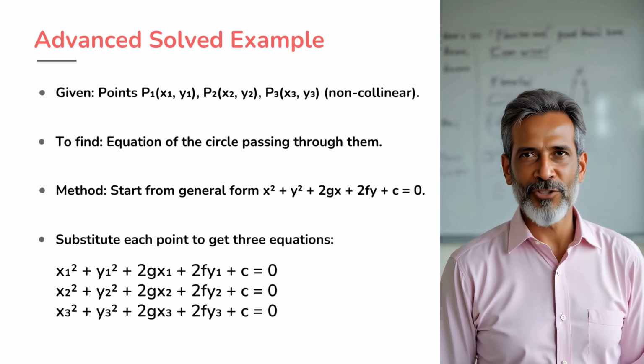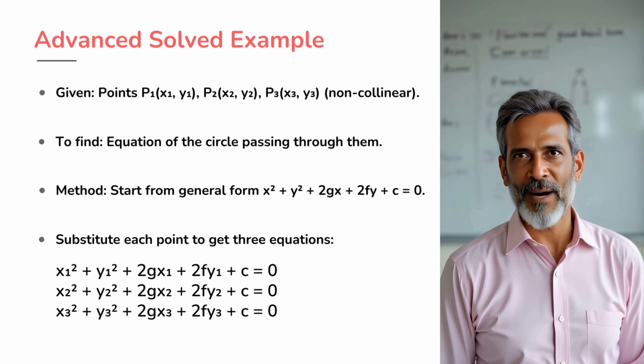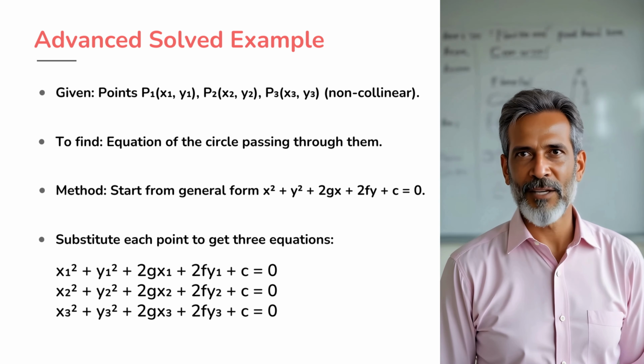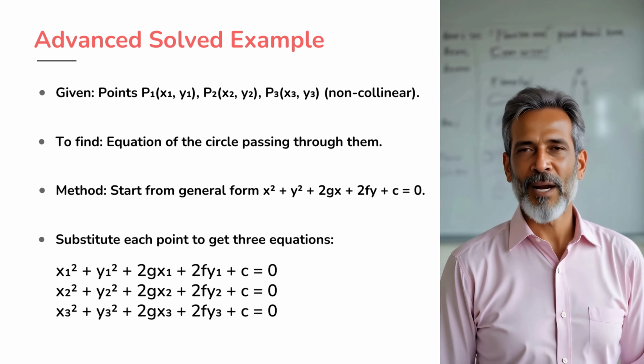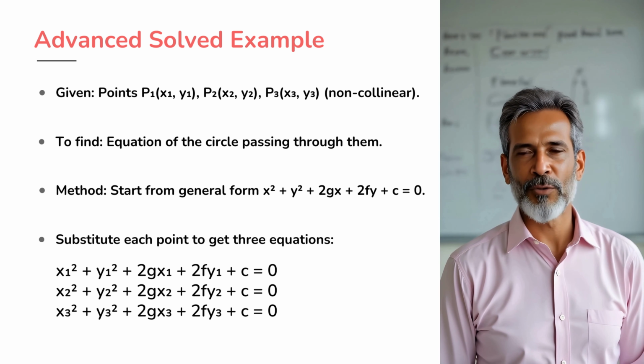Solve those two equations simultaneously to find the values of g and f. Then, substitute g and f back into any of the three equations to find c. And that's it. You've got the equation of your circle. The center of the circle is (−g, −f), and the radius is the square root of (g² + f² − c).